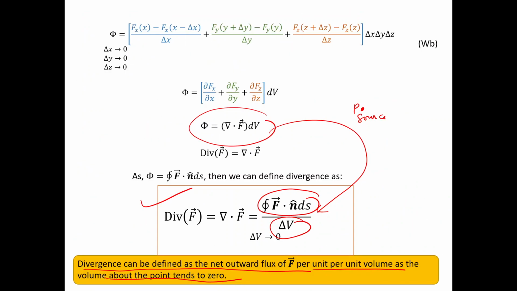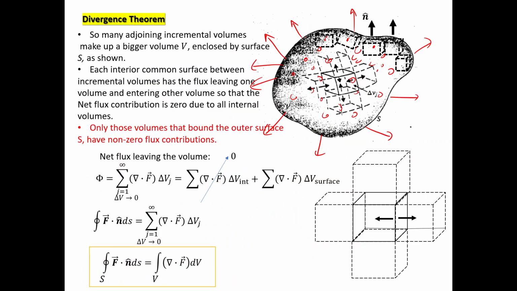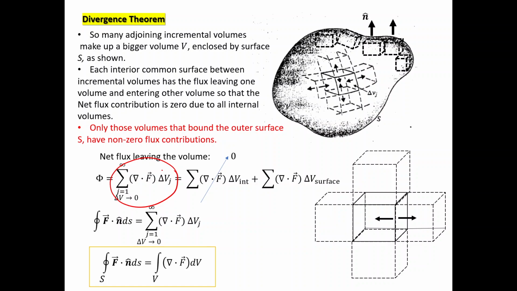Now we had calculated that the flux through the infinitesimal volume will be equal to the divergence of the vector field at that point multiplied by the differential volume. Now since there are infinite number of volumes, we will add up the flux contributions of all the volumes, which can be represented by this summation.